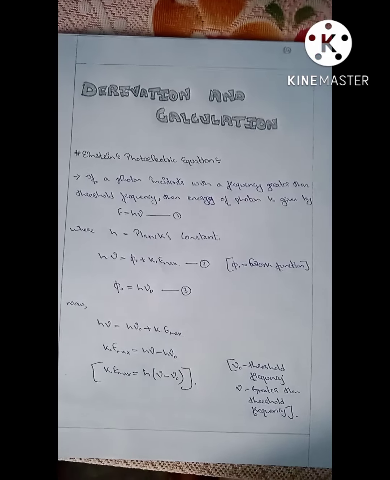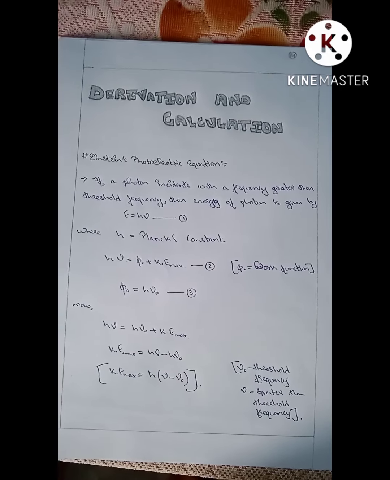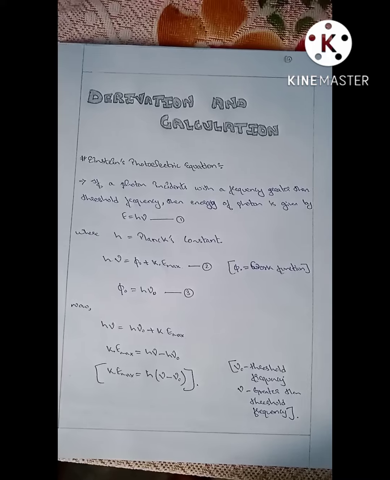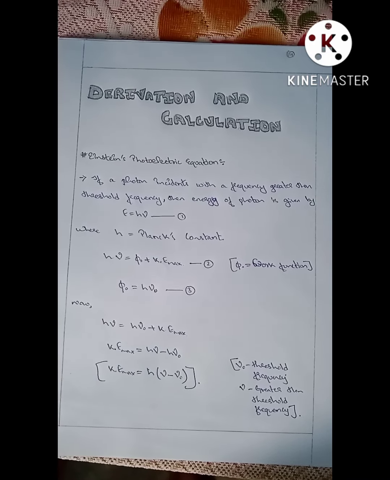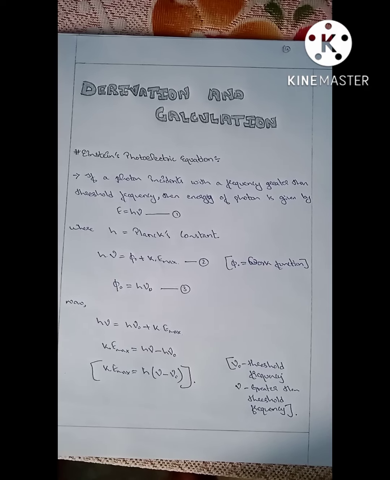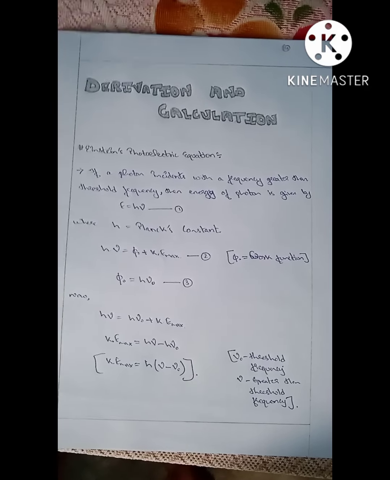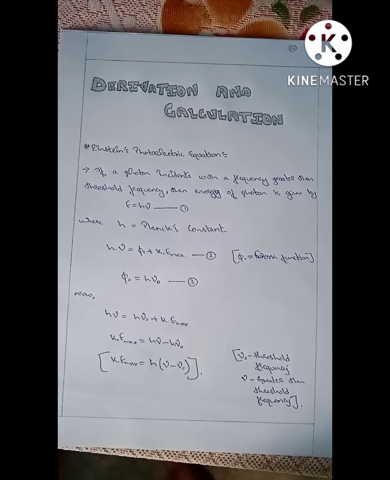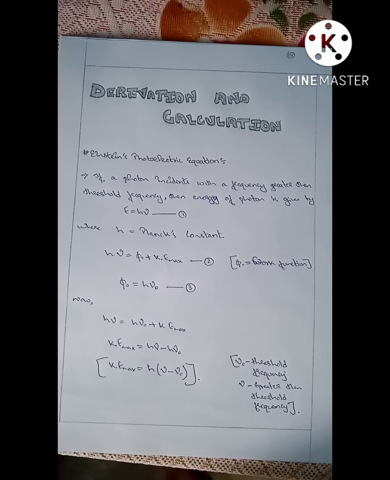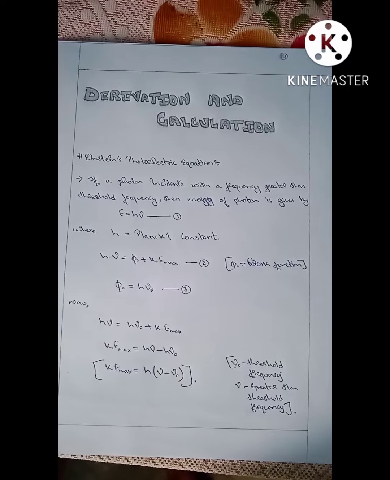Now hν equals hν₀ plus KE max, so KE max equals hν minus hν₀, KE max equals h(ν minus ν₀), where ν₀ equals the threshold frequency and ν is greater than the threshold frequency.